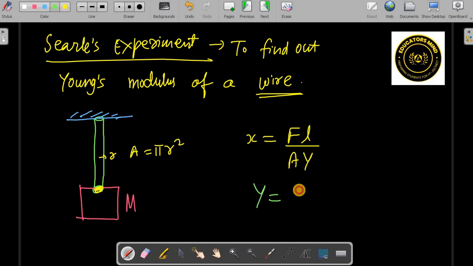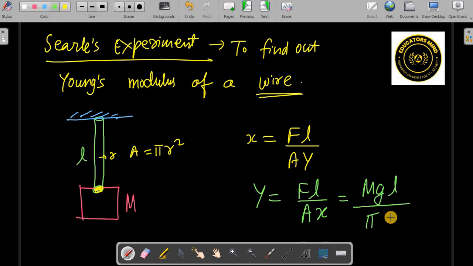Now from here Young's modulus is FL by A into x. Force is M into g, L is the length of the wire, divided by area pi r square into x.